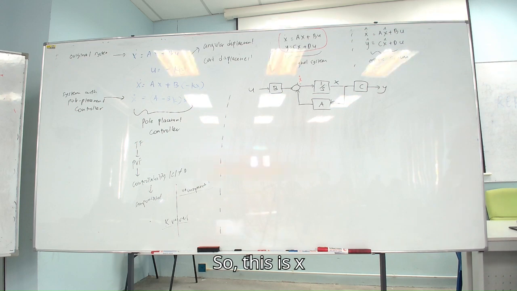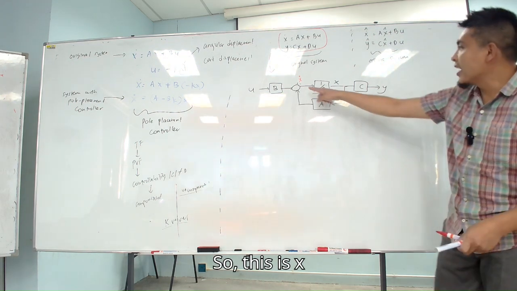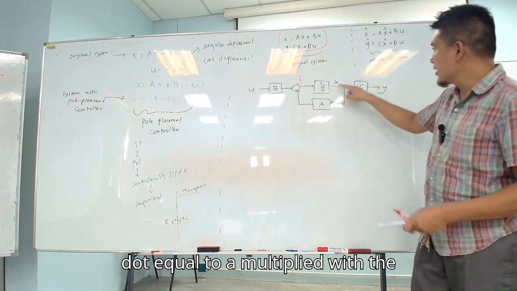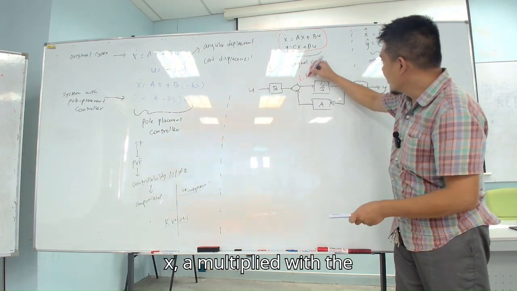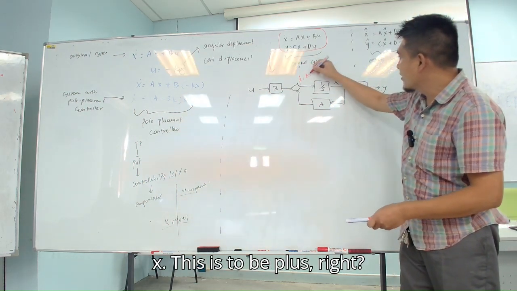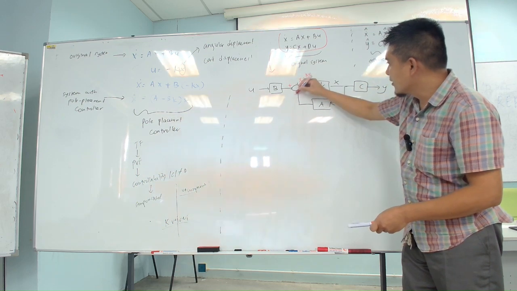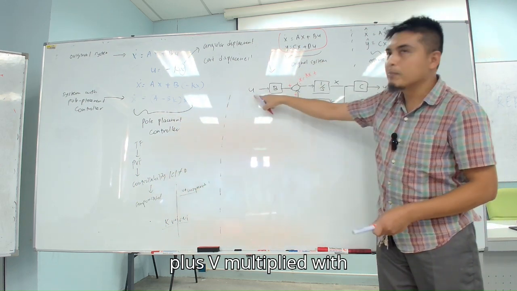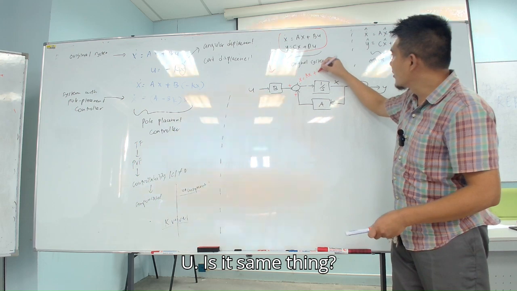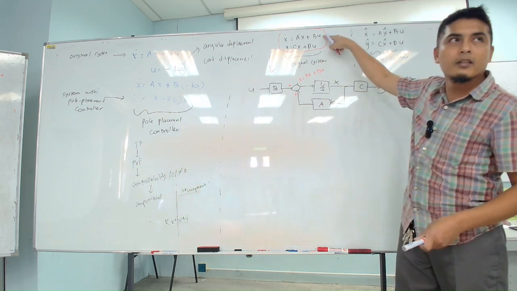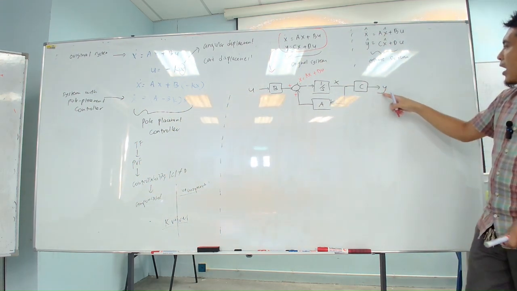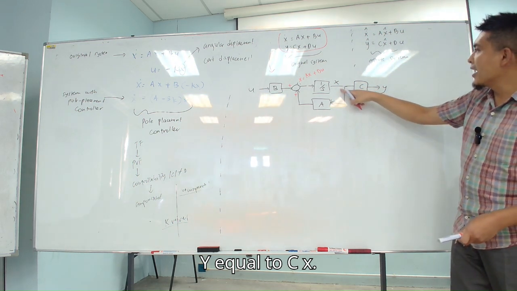Okay. So this is X dot equals A multiplied with the X, plus B multiplied with U. Is it the same thing? Y equals CX.